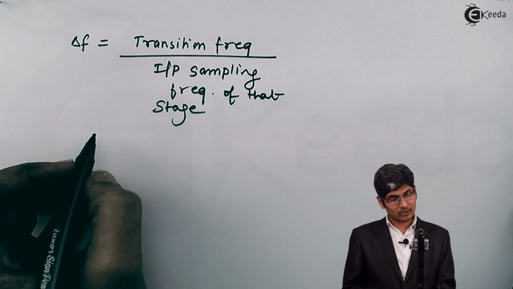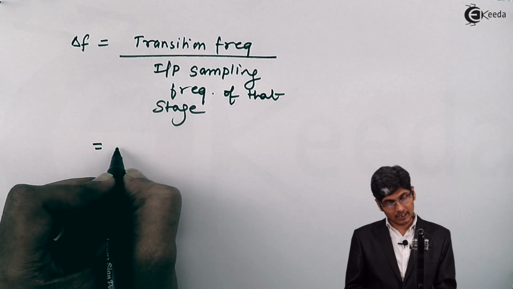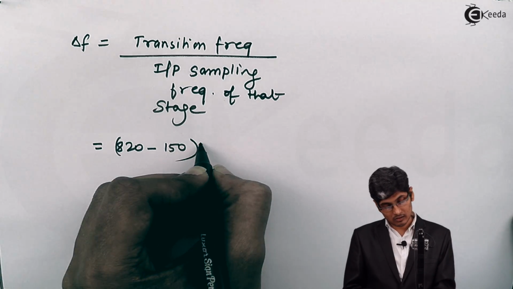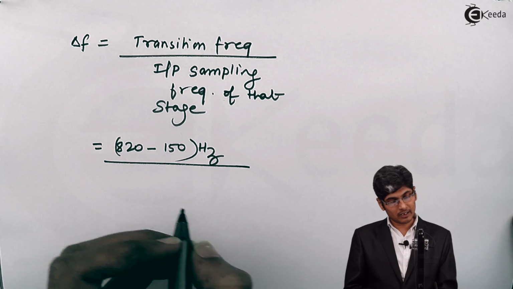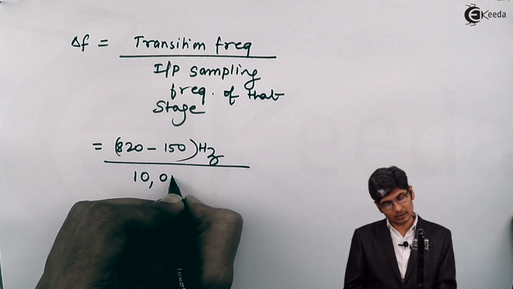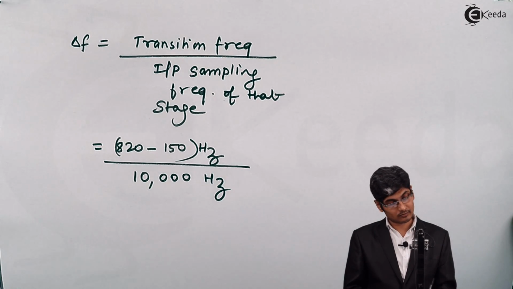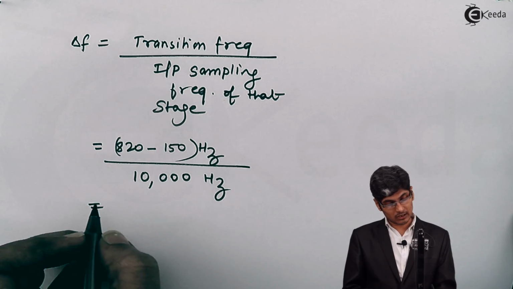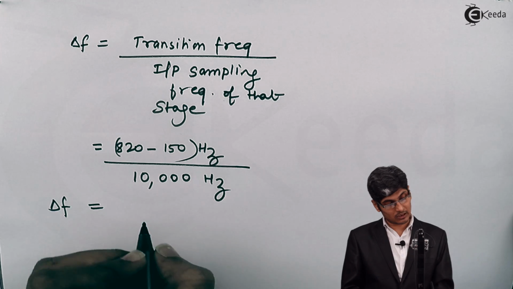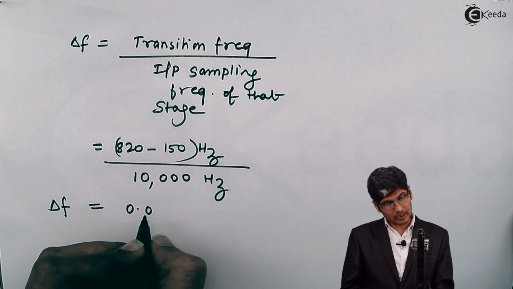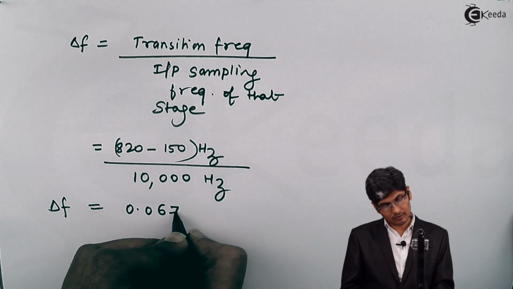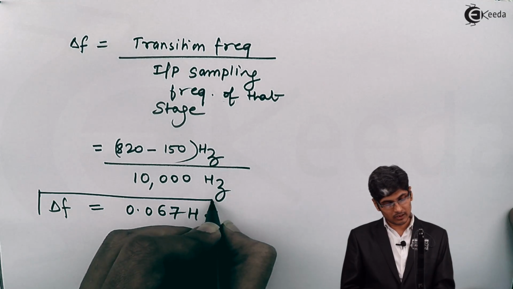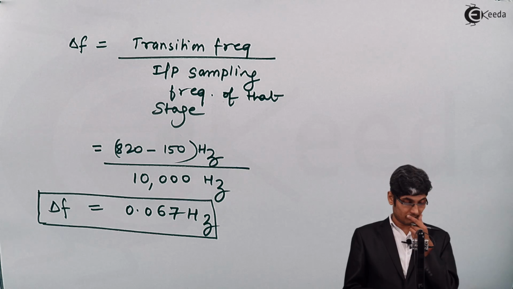So the transition width over here is 820 minus 150 Hertz divided by the input sampling frequency for this stage, which is 10,000 Hertz, isn't it? That will give me delta F equal to 0.067. This is my delta F.